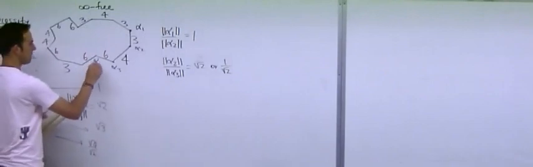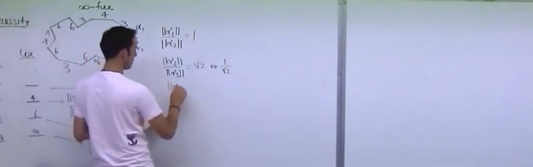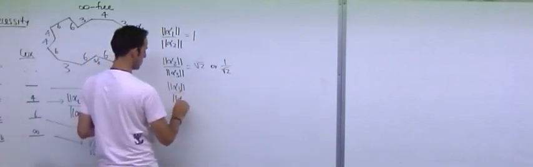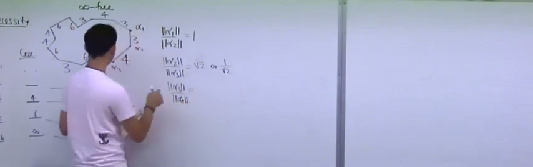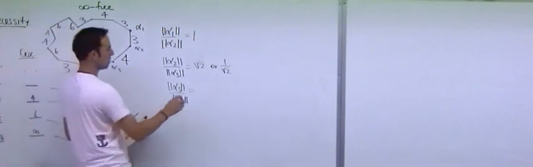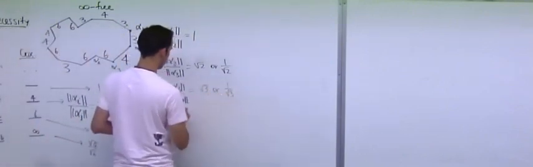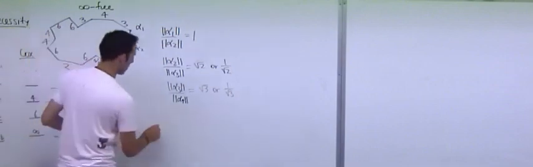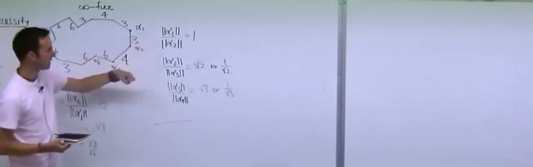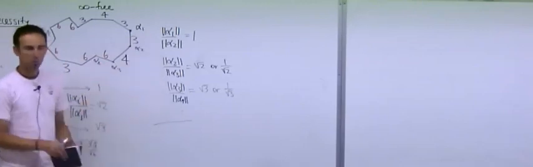Then for alpha 3 and alpha 4, it's a 6, so it's either square root of 3 or 1 over square root of 3, etc. And so I go around the circle and I do this for each edge. Now, what do I get when I multiply all of this? Well, what I get is alpha 1 divided by alpha 2 times alpha 2 divided by alpha 3, etc. We know we're going to get 1.